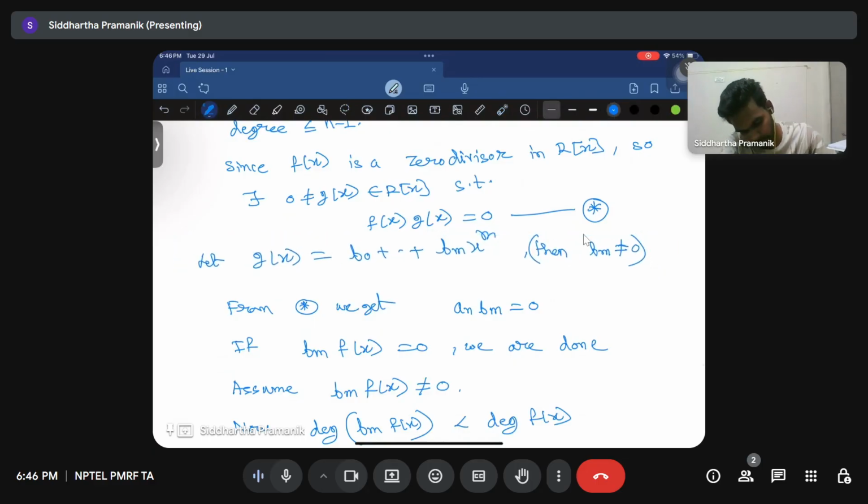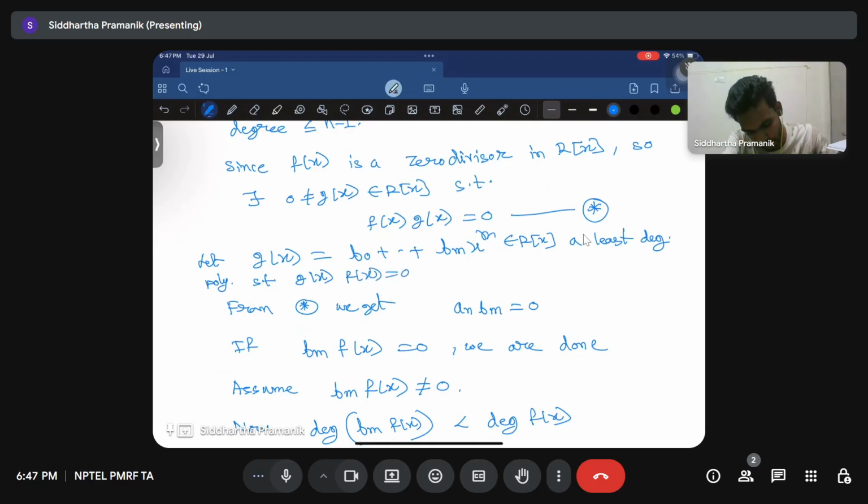So let g(x) in R[x] be a least degree polynomial such that g(x) times f(x) is 0.